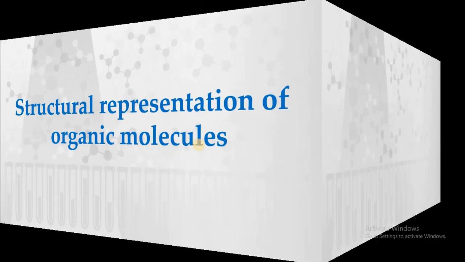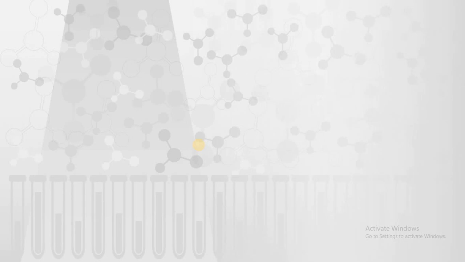So what are the structural representations? As we know, carbon can form single bonds, double bonds, and there is a formation of long chains. So structural isomerism is also possible in organic compounds. Because of this property, there are some representations by which the molecules are represented.